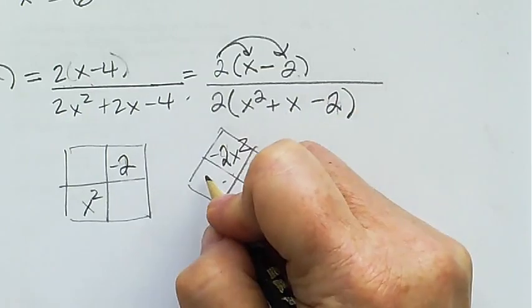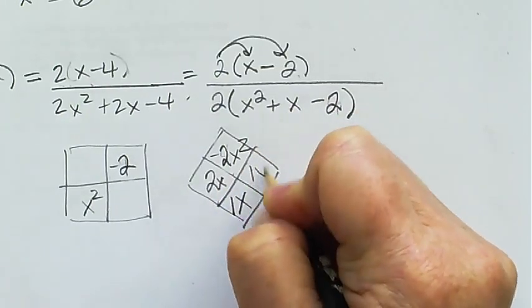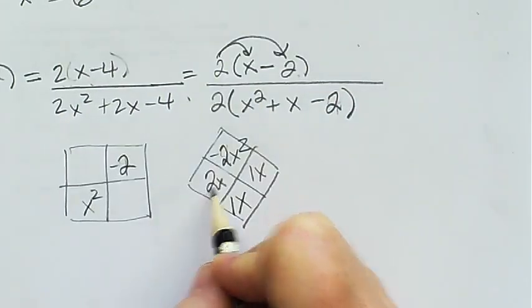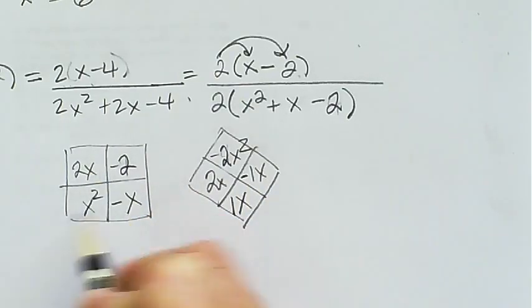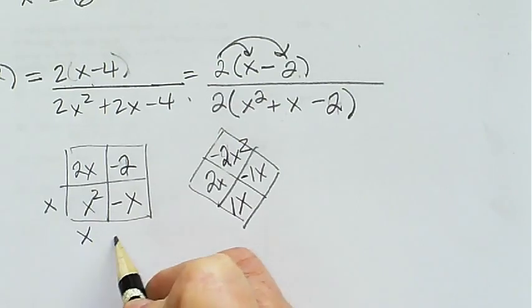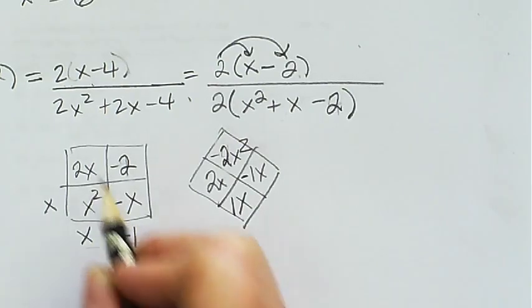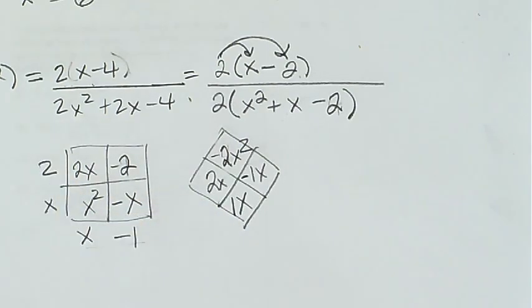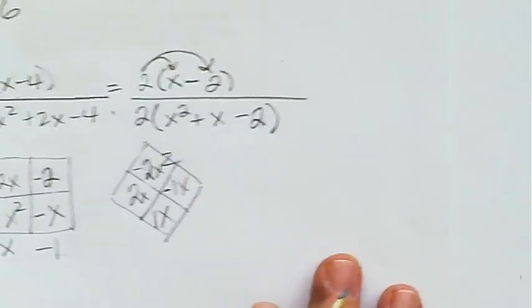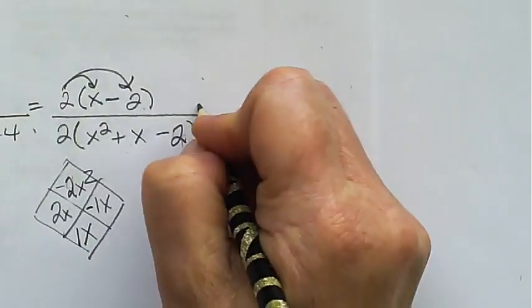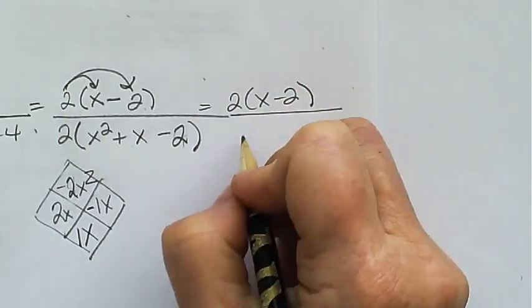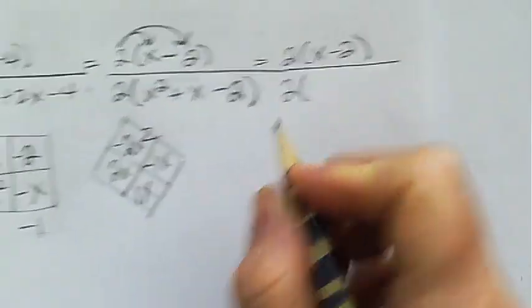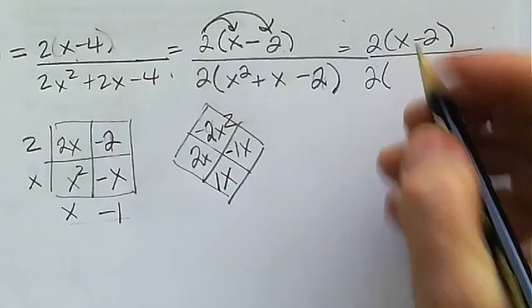So that's going to be 2 and 1, 2x and 1x, and I want the 2 to be positive. So that's going to be 2x and negative x, which is going to give me x minus 1 and x plus 2. So this would factor further into 2 times x minus 2 over 2 times x minus 1 and x plus 2.